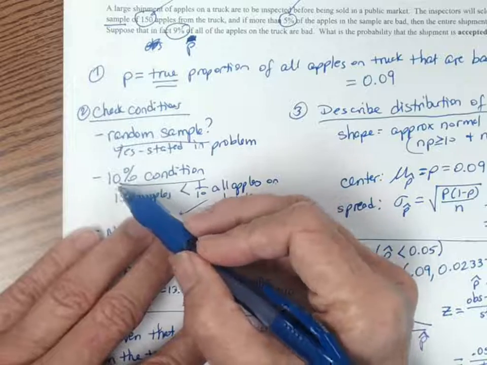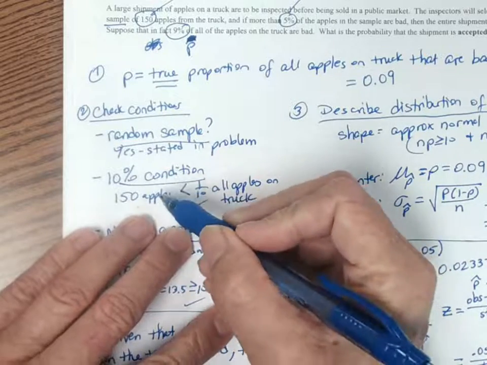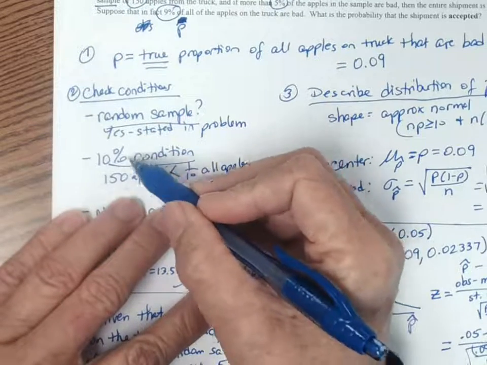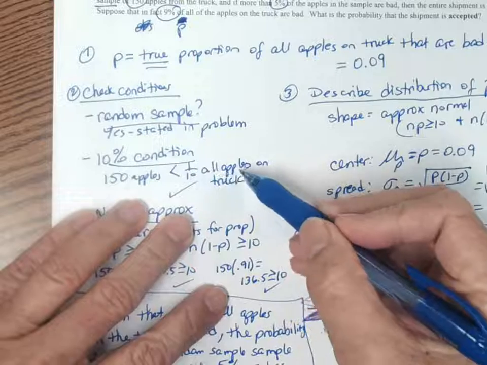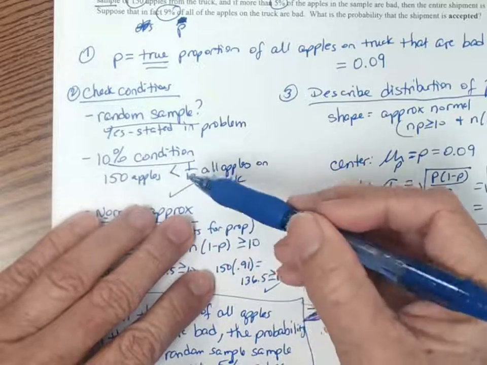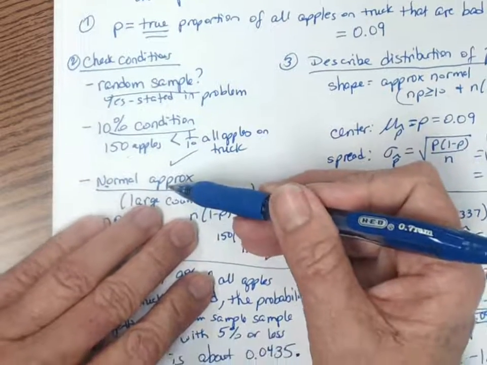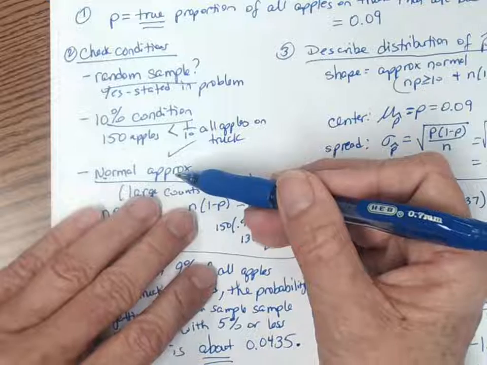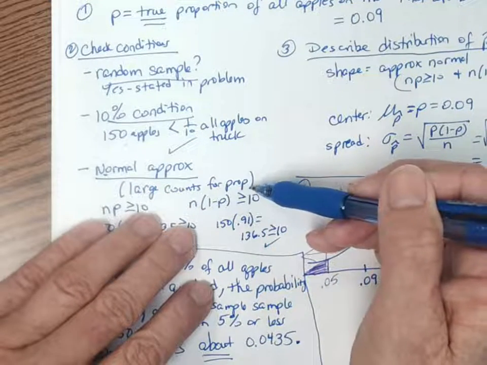The 10% condition, this is to allow us to assume independence here. So the way we meet the independence condition is if our sample size is less than 1/10 of all the population. So it's reasonable to assume that 150 apples are less than 1/10 of all apples on the truck. The last thing is the normal approximation. We can assume it's normal if we meet the large counts condition.